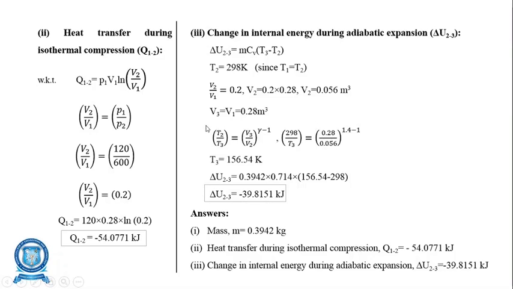By substituting in the PVT relation, you will get the value of T3 as 156.54 Kelvin. Hereafter all the values in the equation have been found. By substituting all the values in delta U equal to m Cv (T3 minus T2), we get delta U 2 to 3 as minus 39.8151 kilojoule.